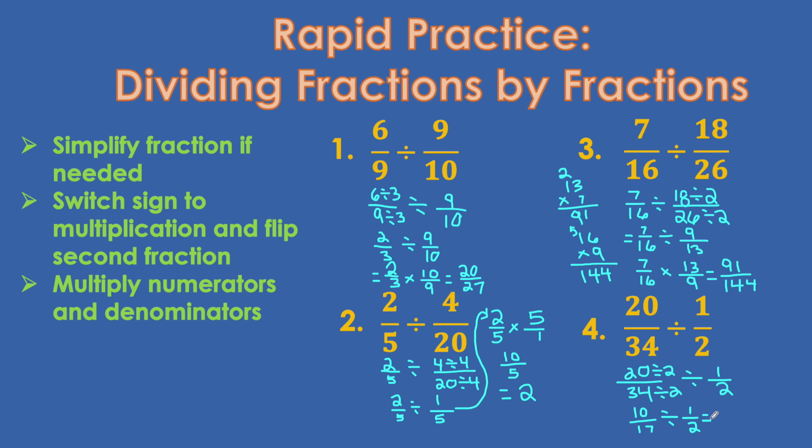This is going to be equal to, we're going to switch the sign and flip the fraction. So 10 over 17 times 2 over 1.